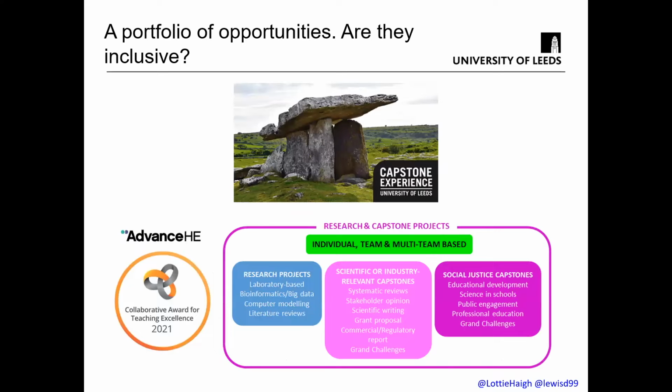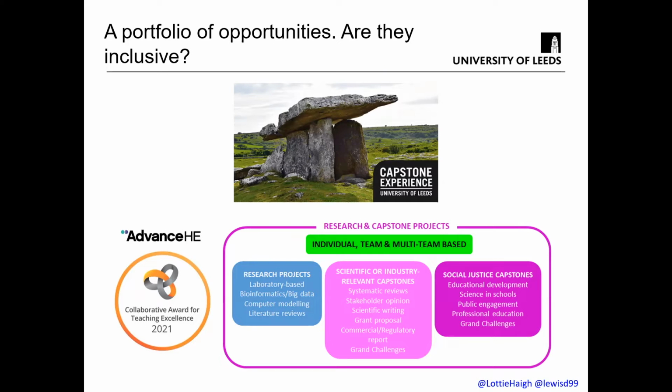As many of you know, at Leeds we have a portfolio of capstone opportunities for our students. We have traditional research projects for those who want to go into careers in research or where research skills are appropriate. We have science or industry-focused capstones for those that want to use their science outside of a research environment.